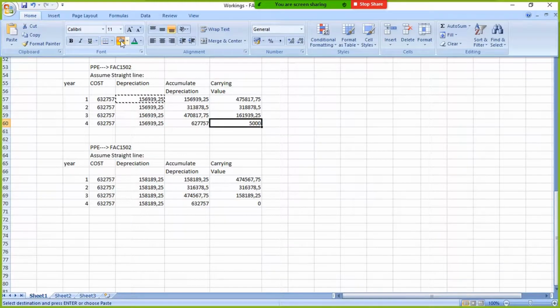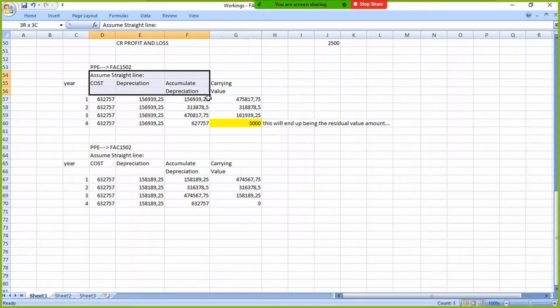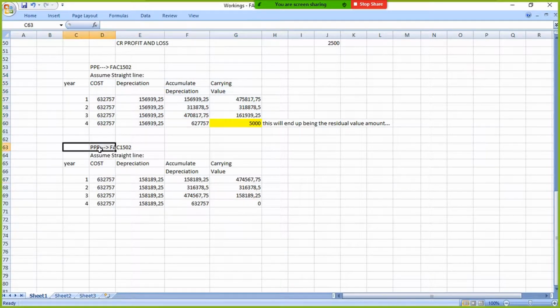Notice, when you have residual, this will end up being the residual value amount. Because ultimately, with straight line, it should be 0. But it's not 0 because we've provided for that residual value.